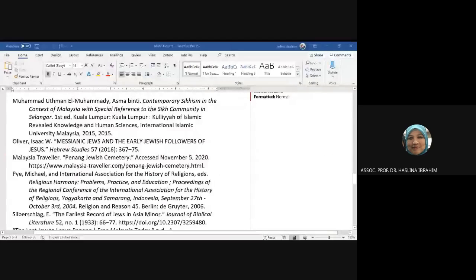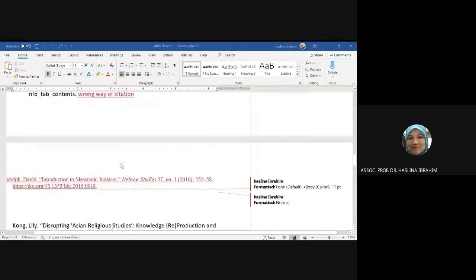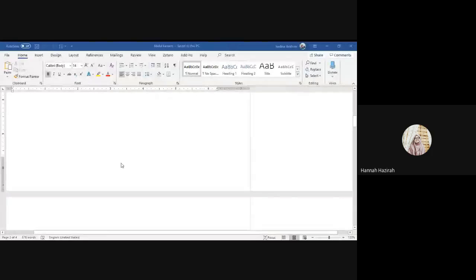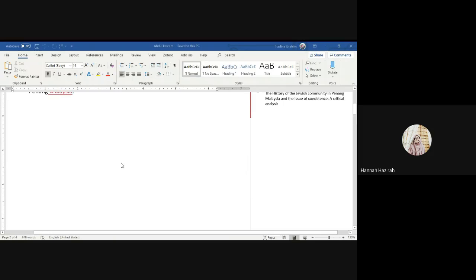Just now a sister wanted to ask: Madam, does it mean that if the title is written all in capitals, we need to change it, even though in the research it's written that way? Yes, that has something to do with formatting.